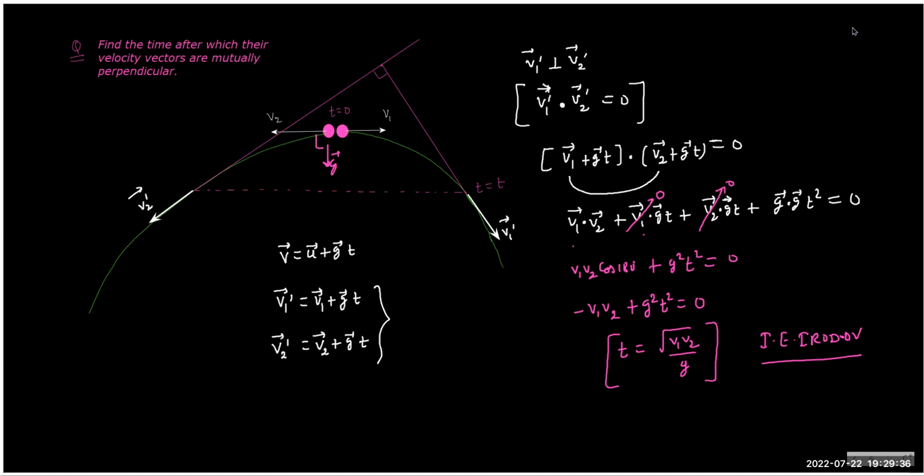Problems in Physics by IE Irodov. Let me share the pic. You can go to Amazon. At least meanwhile, if you don't have the book, you can download free of cost. So the book name is Problems in General Physics.